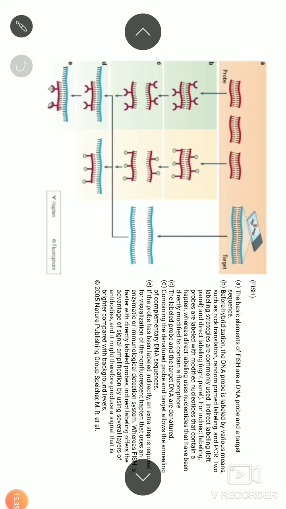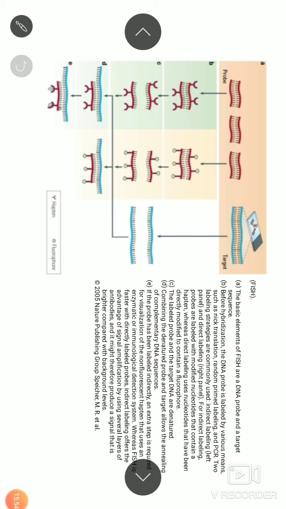So there is an advantage in using this hapten or digoxigenin based screening, because when you are amplifying a signal, it will be a very sharp signal, and you can observe it very clearly.